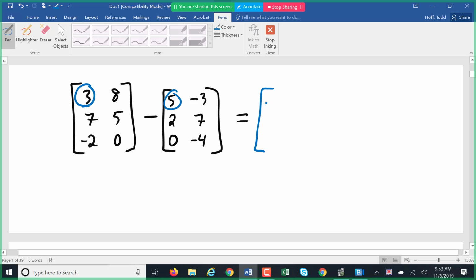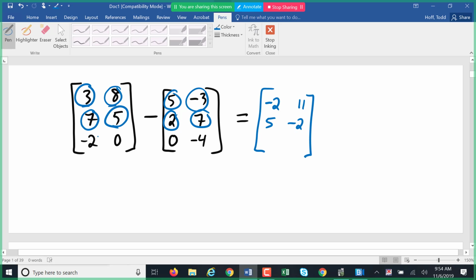3 minus 5 gives us negative 2. Row 1, column 2, we have 8 minus a negative 3 is a positive 11. Row 2, column 1, we have 7 minus 2 gives us 5. Row 2, column 2, we have 5 minus 7 is a negative 2.